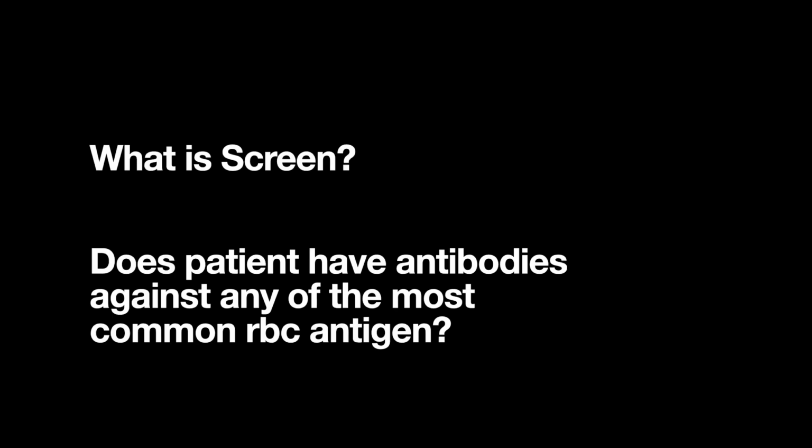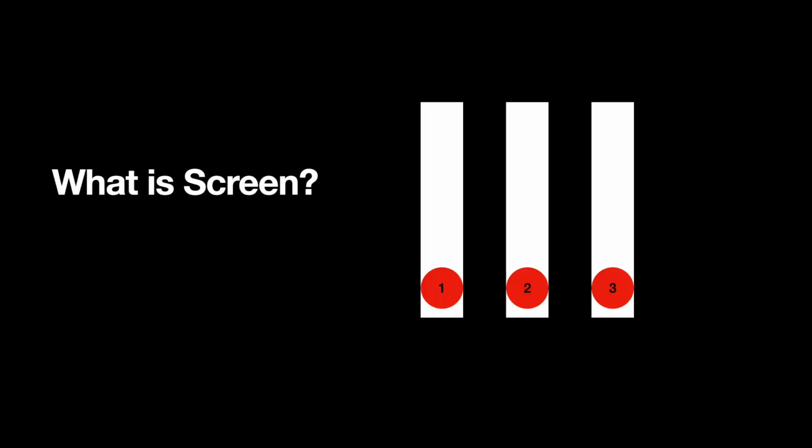What is the screen? Basically, it asks and answers the question, does the patient have antibodies against any of the most common red blood cell antigens? There are a lot of antigens besides ABO and D. So what is a screen? It depends on your institution.